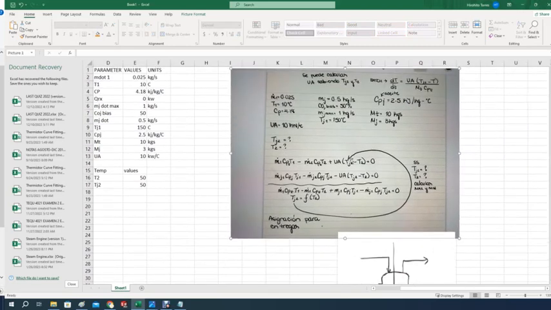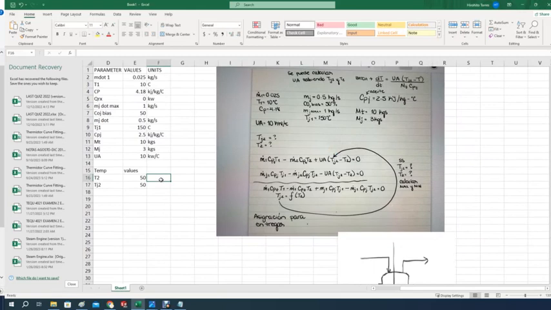And so the nice thing is that you write them the way you see it here. So this is going to be equal to m1. You look for that m1, and that's this value here, and multiply that by cp1, and that's this one here, times T1, and that's this guy here. So you get that minus m2, and m2 in this tank is also m1.